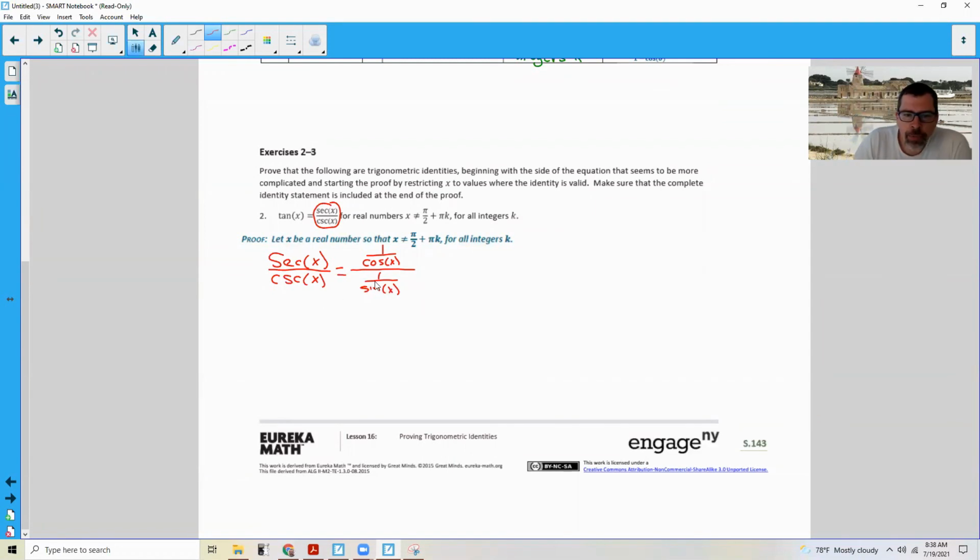So remember, when dividing a fraction by a fraction, you multiply by its reciprocal. So then you would say the secant of x over cosecant of x equals 1 over cosine x times the reciprocal of the denominator, sine of x over 1.